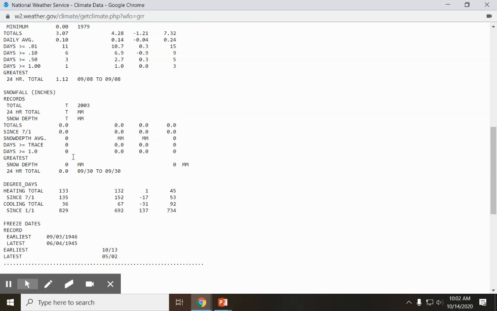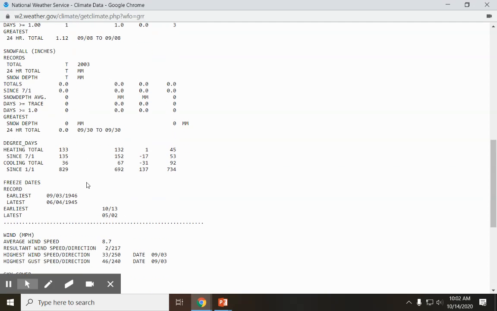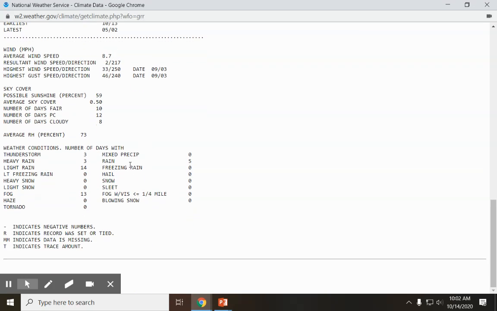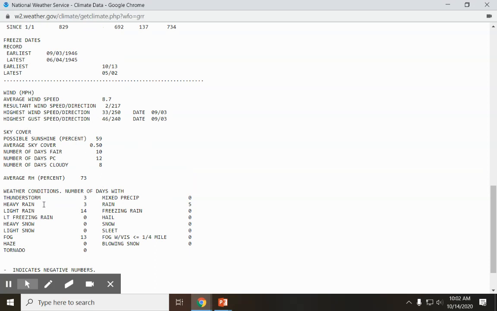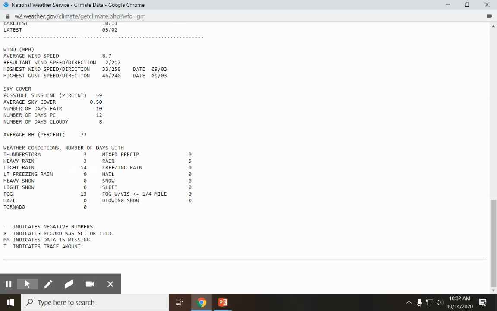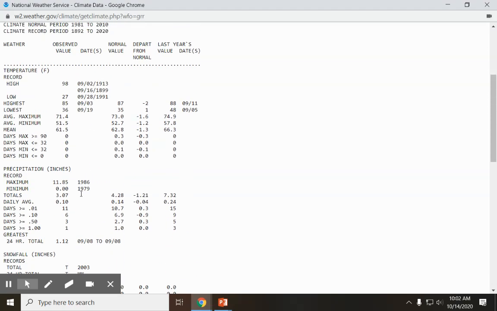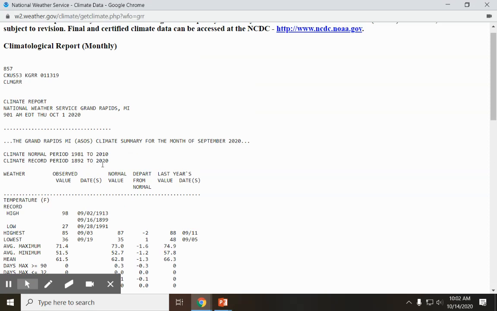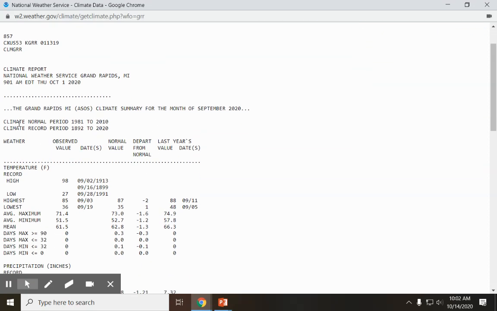It gives you a summary of all the precipitation for the month, and then the wind speed and any type of weather: thunderstorms, rain, fog, snow, blowing snow, and all that good stuff. Again, it shows you the normal period for those 30 years, those 3 decades, and then the records from 1892 to 2020.